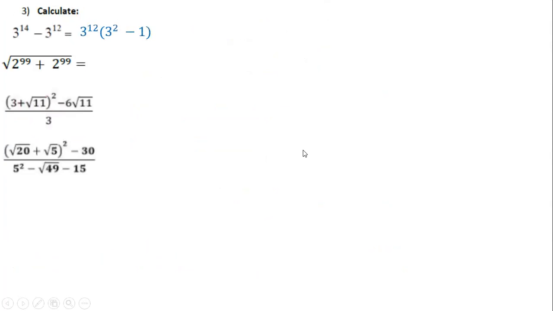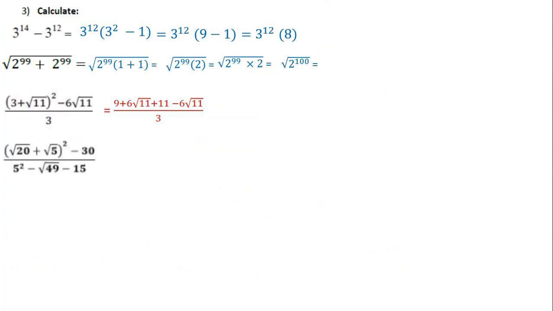Yesterday in exercise 3, we solved the first one and we solved the second one. Today, we will be solving the last two in exercise number 3. But let me continue this one as I did yesterday. So if I wanted to calculate radical 2 to the power 100, I should make it an exponent squared.